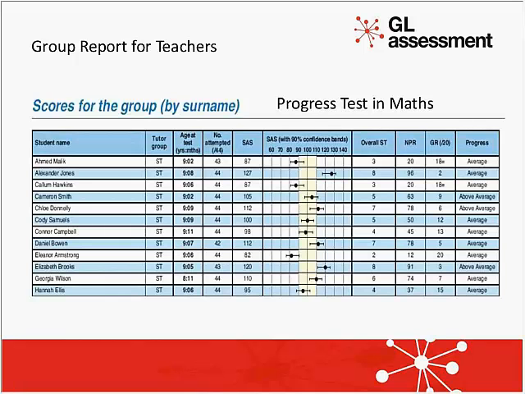Overall stanines are also shown, and their relation to that UK distribution is shown by the NPR, the National Percentile Rank. So if you can make out the details, that first student, for instance, their National Percentile Rank is 20, which puts them in the bottom 20% of performance for their age across the whole UK.